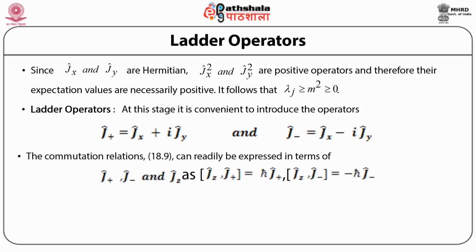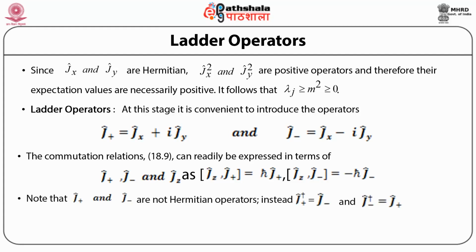The commutation relations described by equation 9 can readily be expressed in terms of operator J+, operator J- and operator Jz as the commutator of operator Jz with operator J+ is equal to ħ times operator J+. Similarly, the commutator of operator Jz with operator J- is equal to minus ħ operator J-.